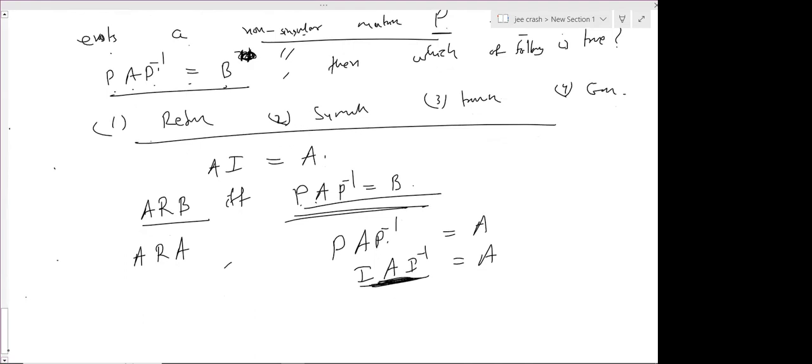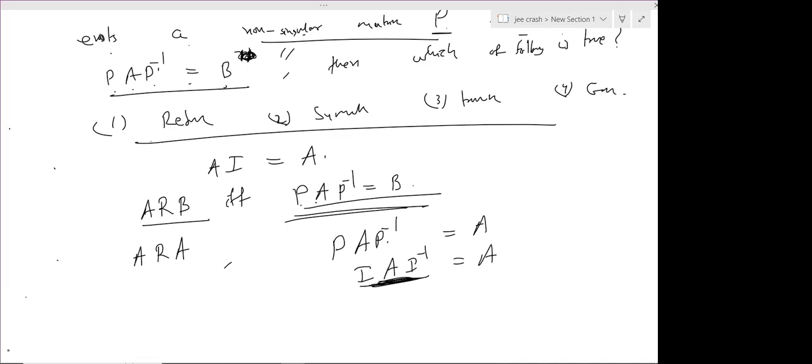Can anyone tell me if this is symmetric or not? It won't be, sir.